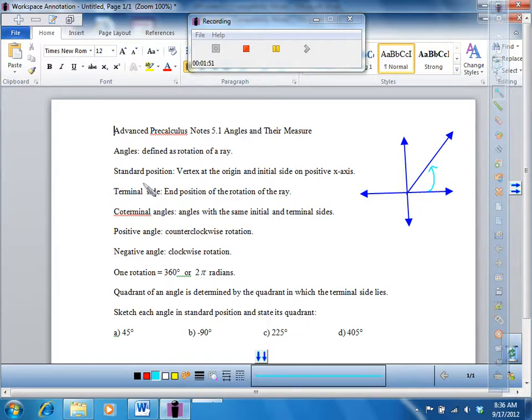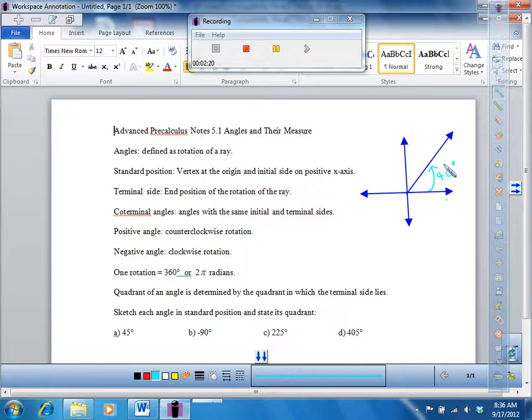So the standard position: the vertex at the origin and the initial side is the positive x-axis. So if I take this ray and rotate it this way, counterclockwise is positive and clockwise is negative. Okay, so we start here along the x-axis and we rotate that way. So this might be an angle of, say, 40 degrees or something like that.